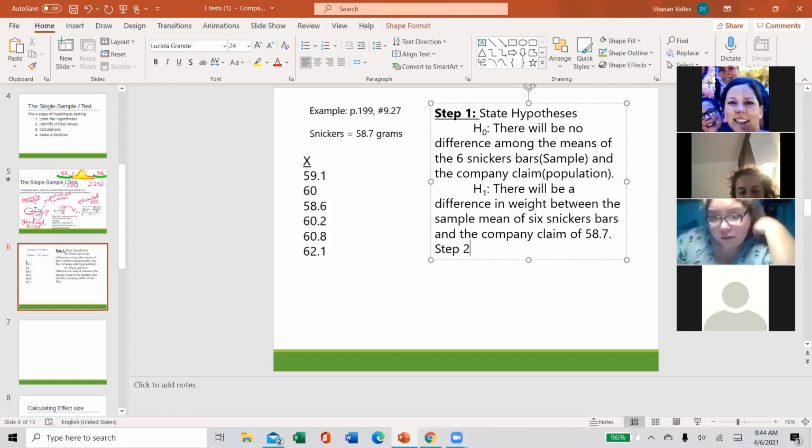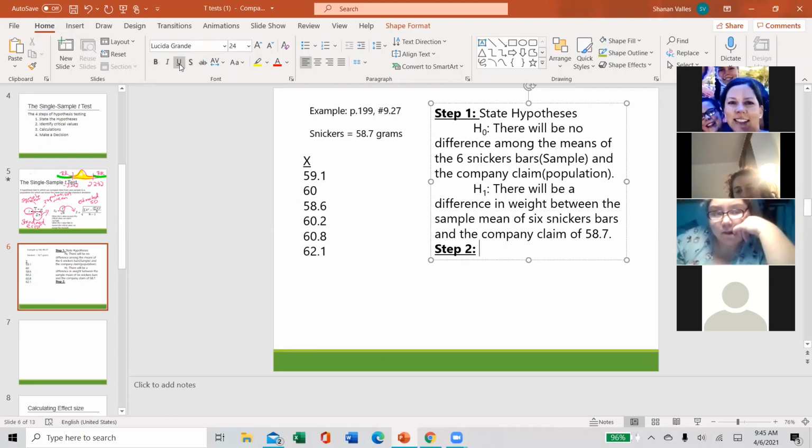Step 2 is our critical values. So this is having to use that table, the t-distribution table, to go and find what our critical values are.